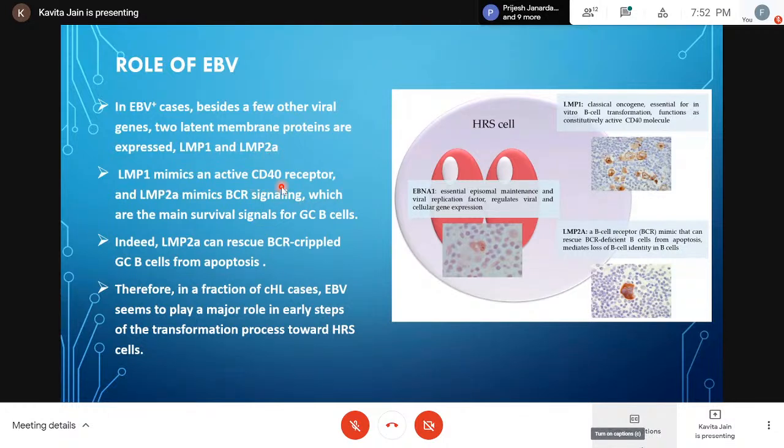LMP1 mimics an active CD40 receptor, that is CD40L, which we have just seen on the T follicular cells, and LMP2A mimics BCR signaling, that is on the B cells. So when both of them come together, they activate the B cells, they prolong the survival, and they deregulate the apoptotic pathway, with some crippling mutations.